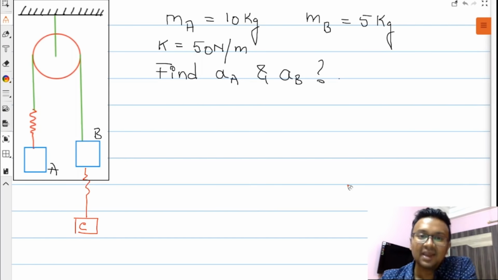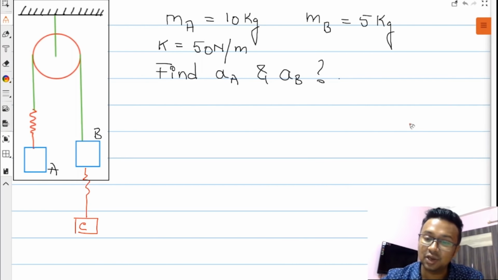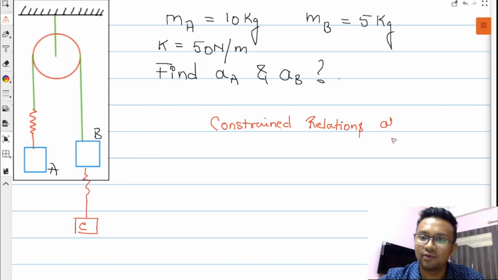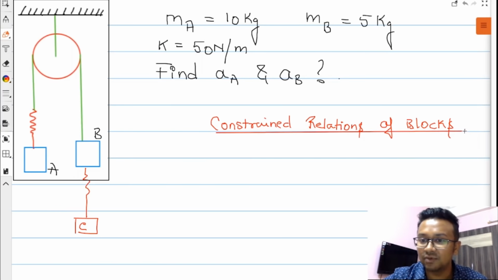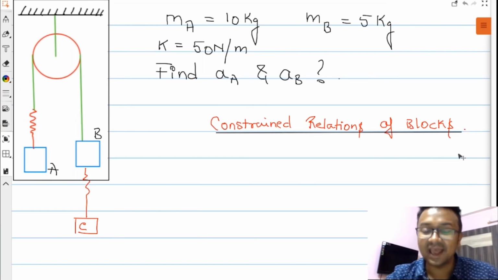And students, what we will also do in my modular course is the constraint relations of blocks. Clear, students? So that is going to be very much the agenda. I think that is one of the big pain areas for all the students that we have identified over the years, and this is what is going to be the focus of the modular course, my dear students.